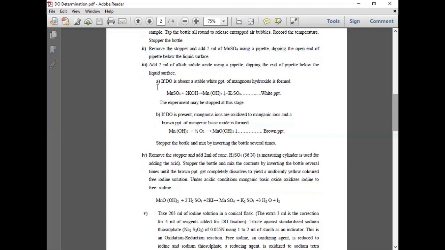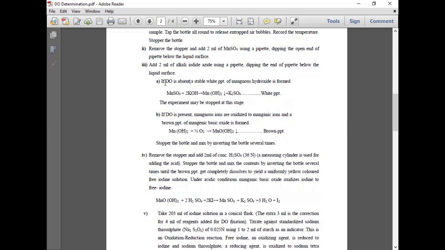So what will happen if the DO is absent? The whole bottle will get a white PPT, and that PPT is of manganese hydroxide, right? So manganese hydroxide is formed, which has a white color, and that white PPT suggests that the DO is absent. Normally, the DO will be absent in a very polluted sample.